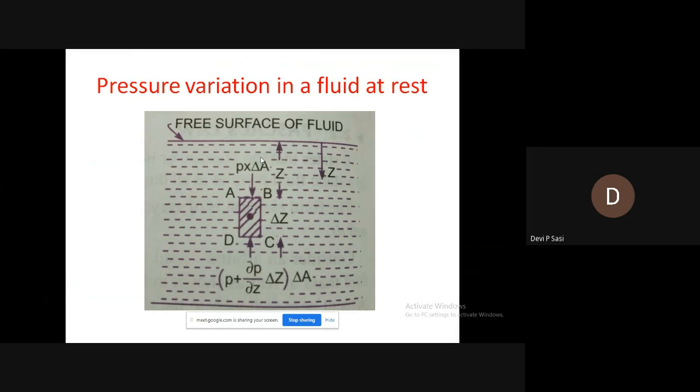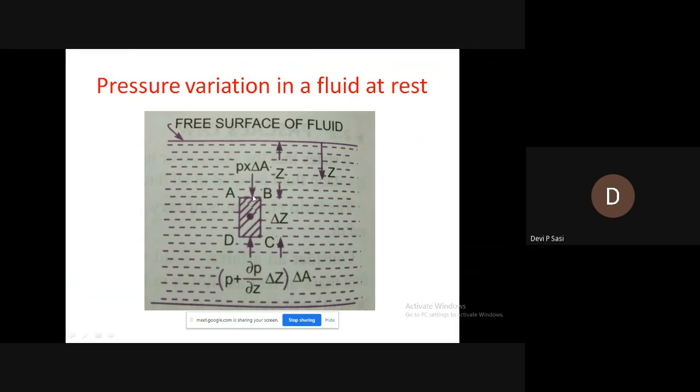Now we have to consider all the forces acting on this fluid element. You know, force equals pressure into area. What are the forces acting on this fluid element? First one will be the pressure force on AB.